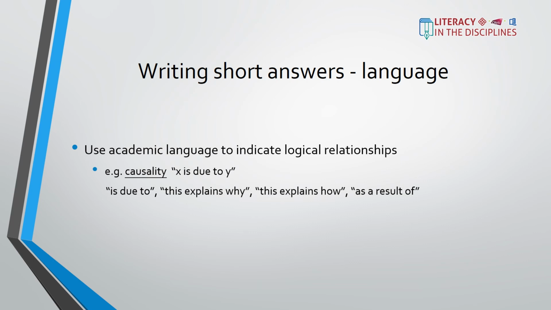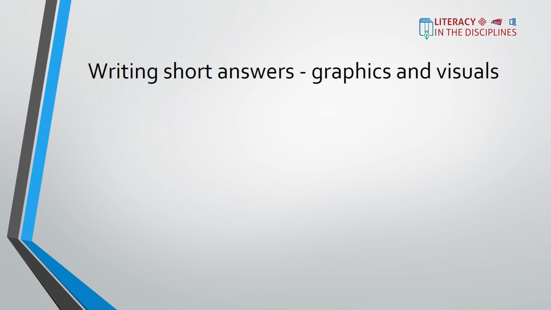There are more examples of this in the learning materials and guides. Finally, we'll look at using graphics and other visuals in your answers. You often need to use tables, graphs, and mathematical equations.